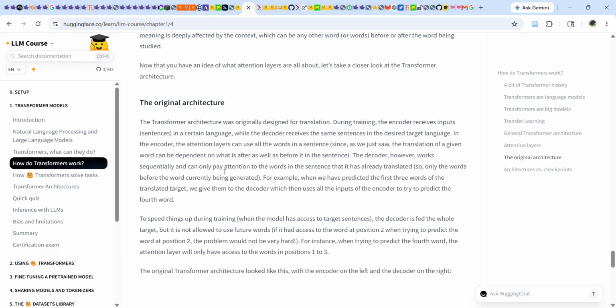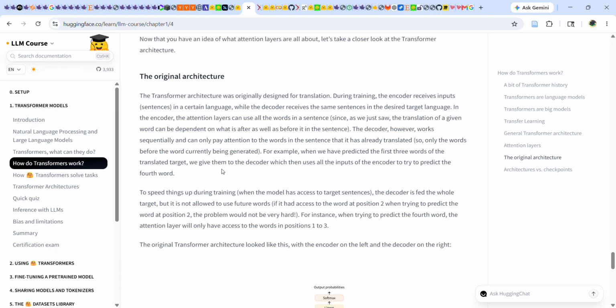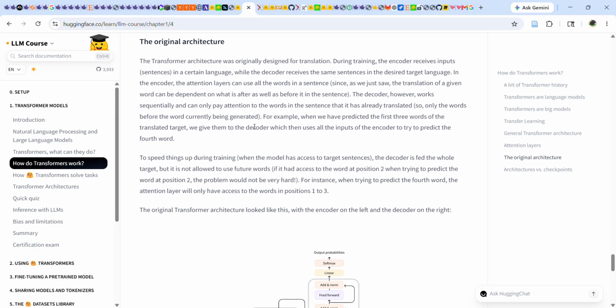Now that you have an idea of what attention layers are all about, let's take a look at the transformer architecture. This was originally designed for translation. During training, the encoder receives inputs in a certain language, while the decoder receives those same sentences in the desired target language.